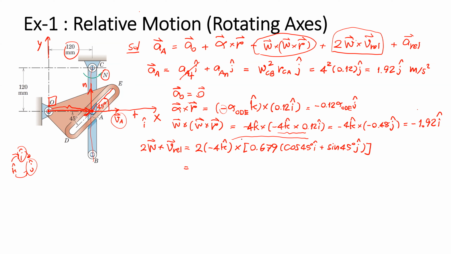K cross i will be j, but we have the minus, so minus 4 multiplied by 0.679 multiplied by cosine gives j. And k cross j will be minus i, and since we have minus, it's positive.